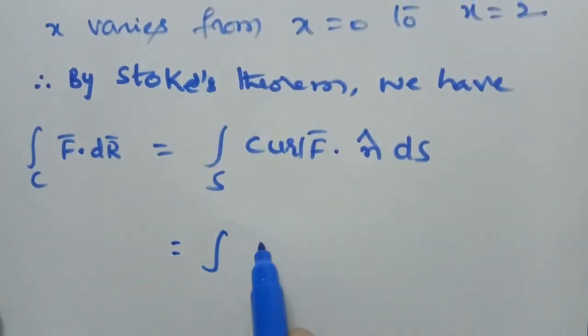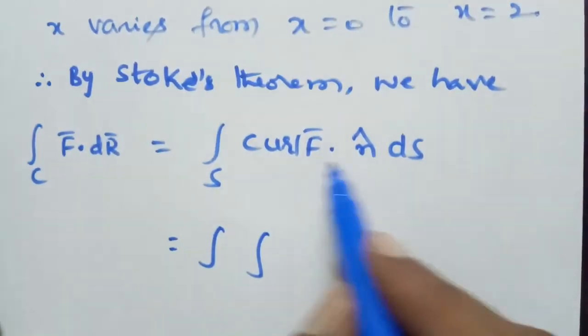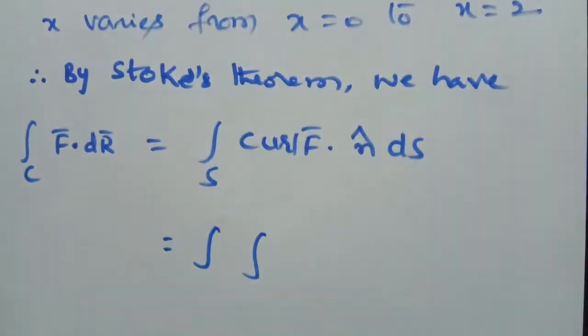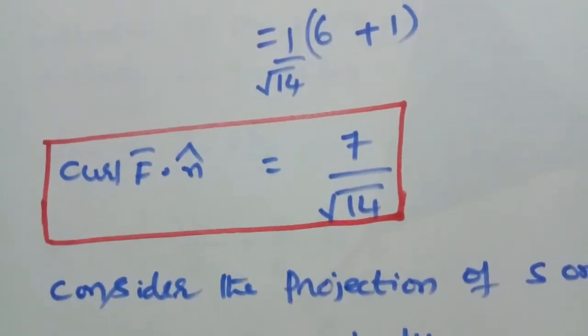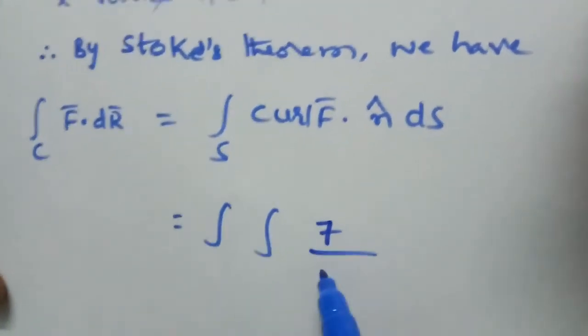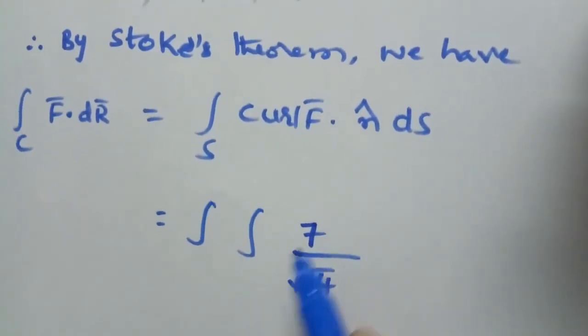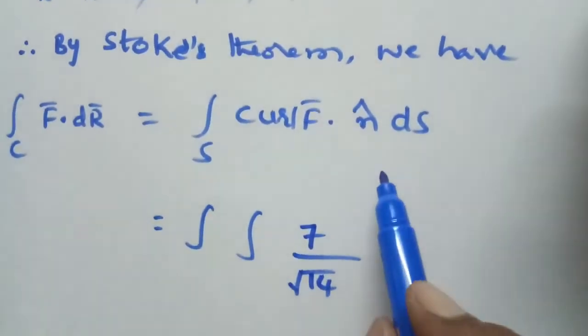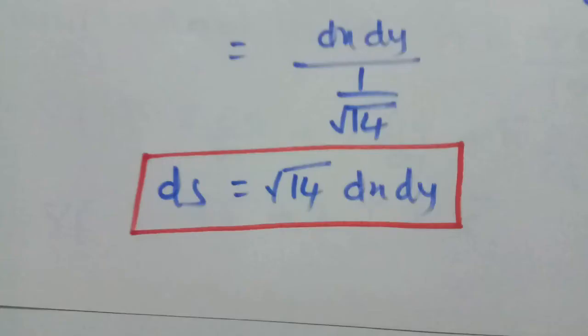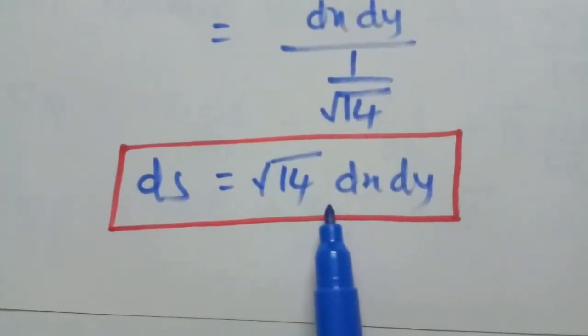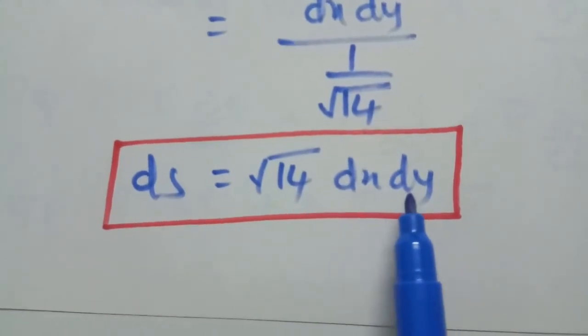Curl f bar dot n cap we already calculated as 7 by root 14, into ds. ds is equal to root 14 into dx into dy.